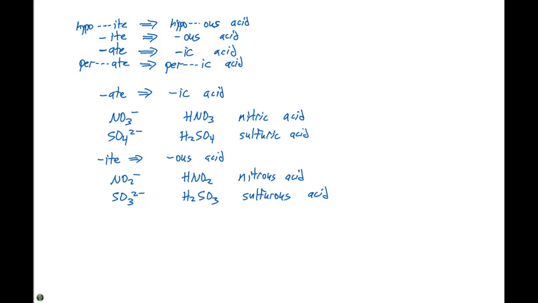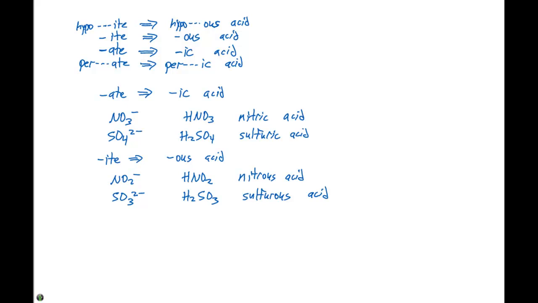So the difference between nitric and nitrous acid is how many oxygens you have, as well as the difference between sulfuric and sulfurous acid. When you go from sulfuric to sulfurous, you subtract an oxygen, and when you go from nitric to nitrous, you also subtract an oxygen.